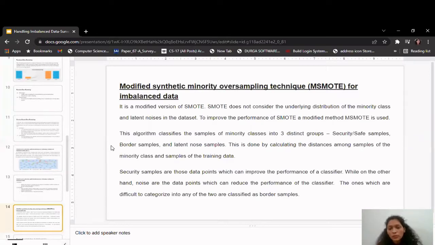It divides the samples into three distinctive groups: security safe samples, border samples, and latent noise samples. This is done by calculating the distances among the samples of the minority class and samples of the training data.